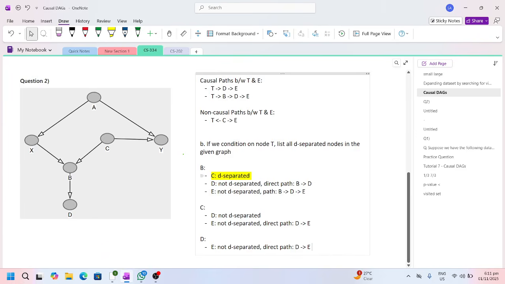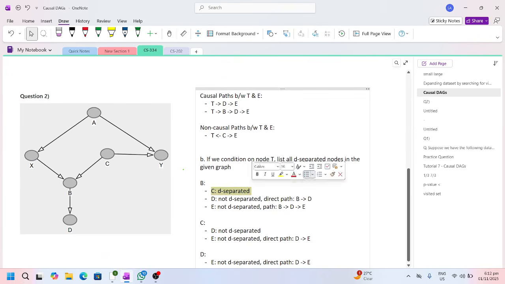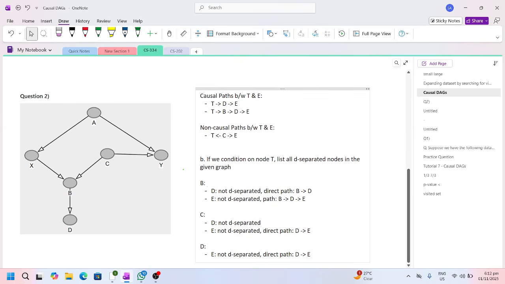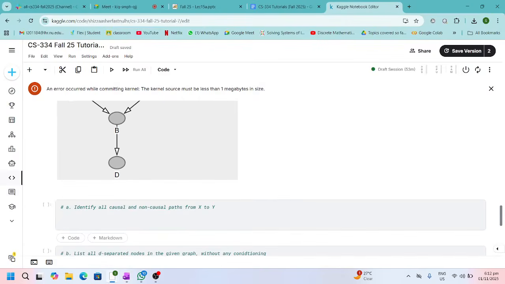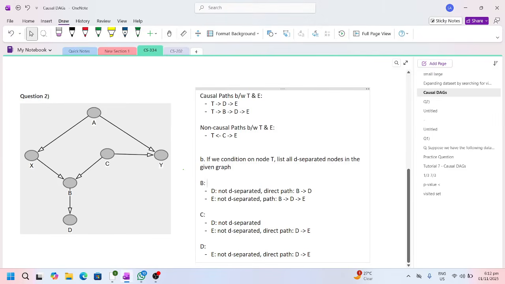Never mind. Okay, so let's look at this particular graph. And then let's look at our first question. Identify all causal and non-causal paths from X to Y. So इसको हम दोबारा से लिख लेते हैं between X and Y.